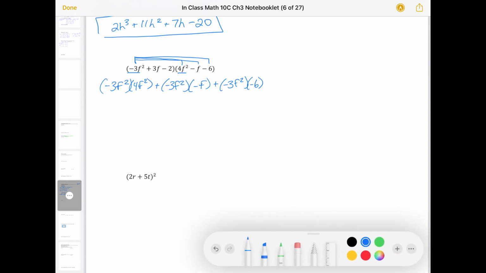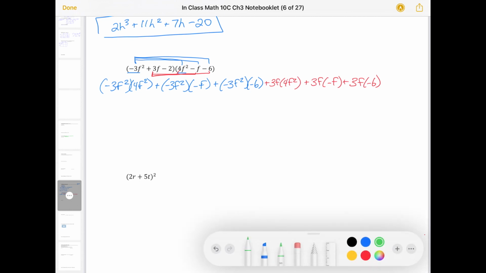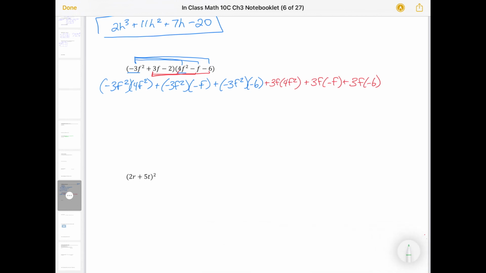This one I'm going to change color just to make it really clear what's all happening. So now 3f times 4f squared plus, again, 3f times negative f plus 3f times negative 6. Right, and I'll change color one last time as I go to my last term.